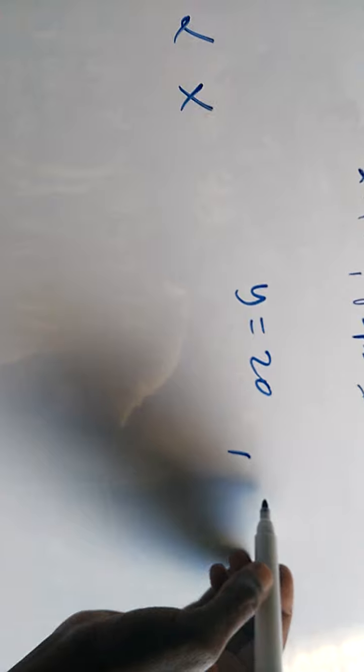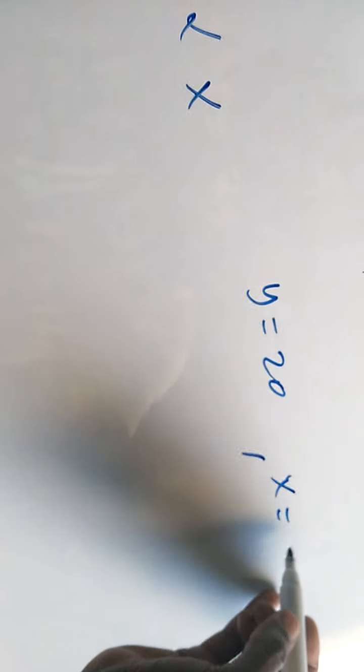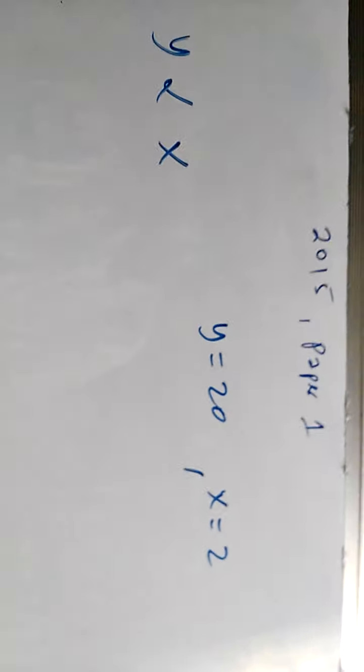So they say y varies directly as x, and that y is equal to 20 when x is equal to 2.